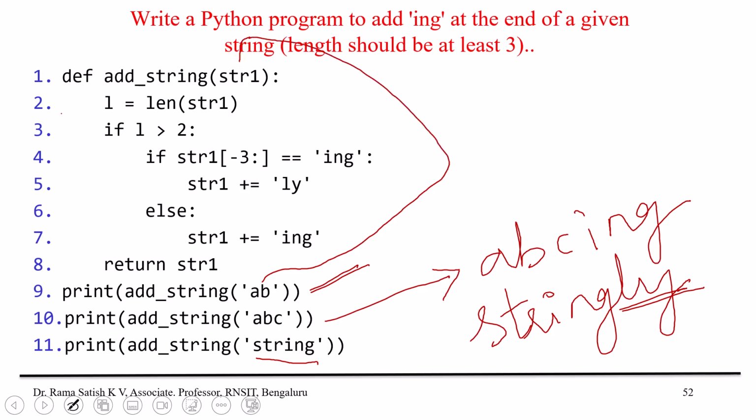So you pass a string, it will go to str1. You check the length. If the length is greater than 2, that means if it is 3, then what you do is str of -3 colon. So that you are not extracting, you are checking. From -3 colon onwards till the end, if the string is equal to ing, that means at the end it is having ing, then for that string you add ly.